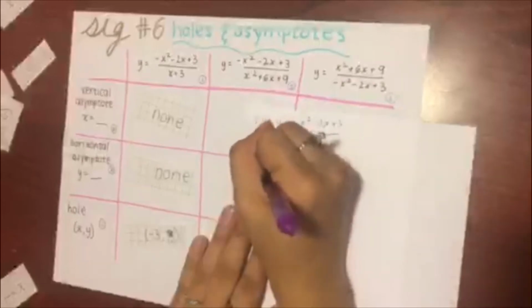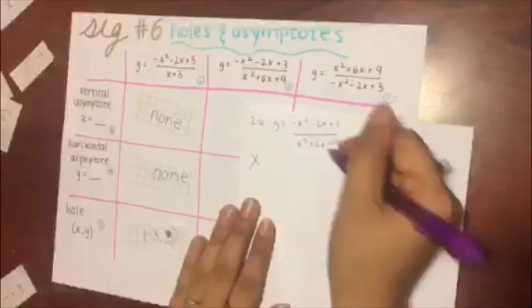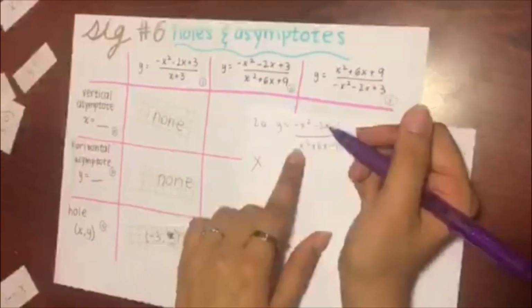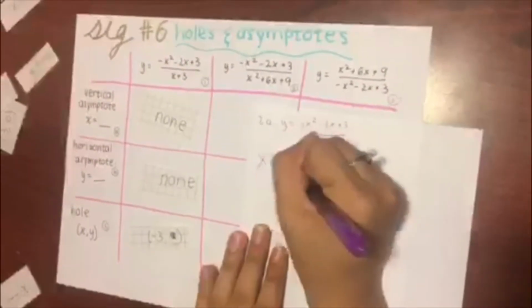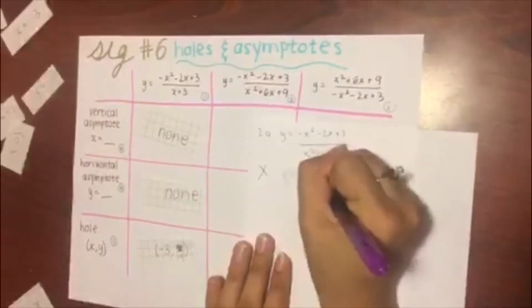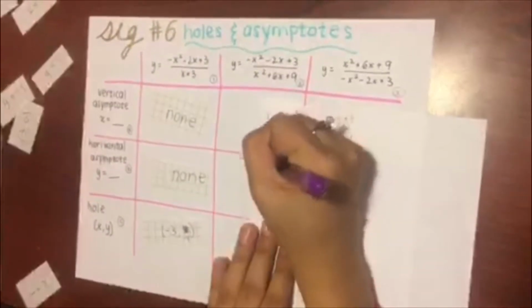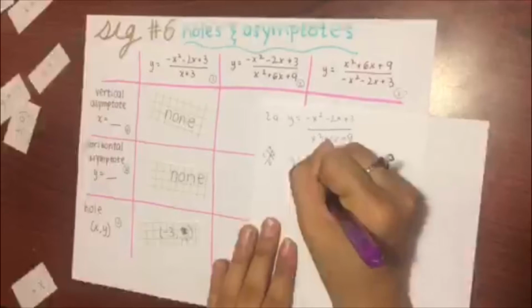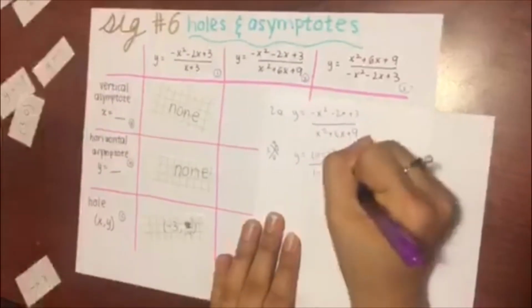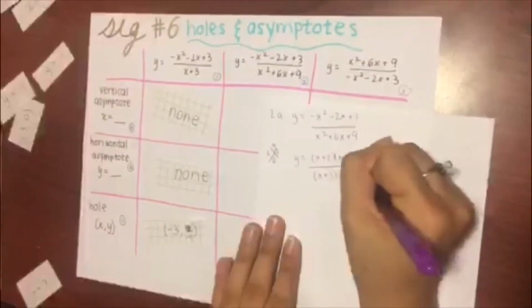So again, I'm going to use the big X method. So from the last problem, we already know that on top it is x plus 3, x minus 1, and then on the bottom 9, 6, 3, 3, x plus 3, x plus 3.